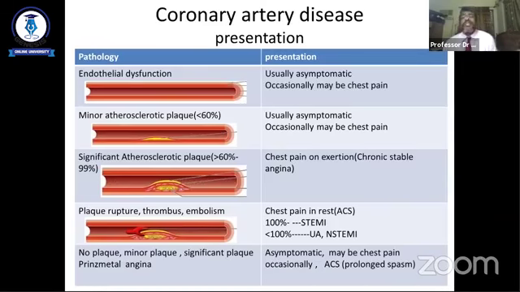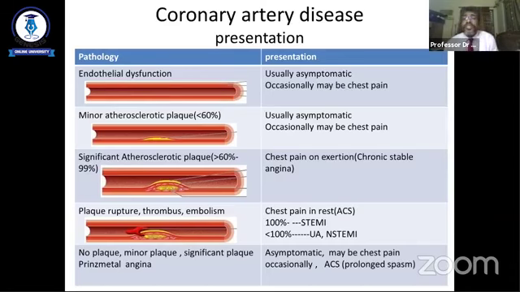But all these patients, with unstable angina, ST elevated MI or non-ST elevated MI, are in acute coronary syndrome. How do they usually present? Usually with chest pain at rest, which is the characteristic feature of acute coronary syndrome.